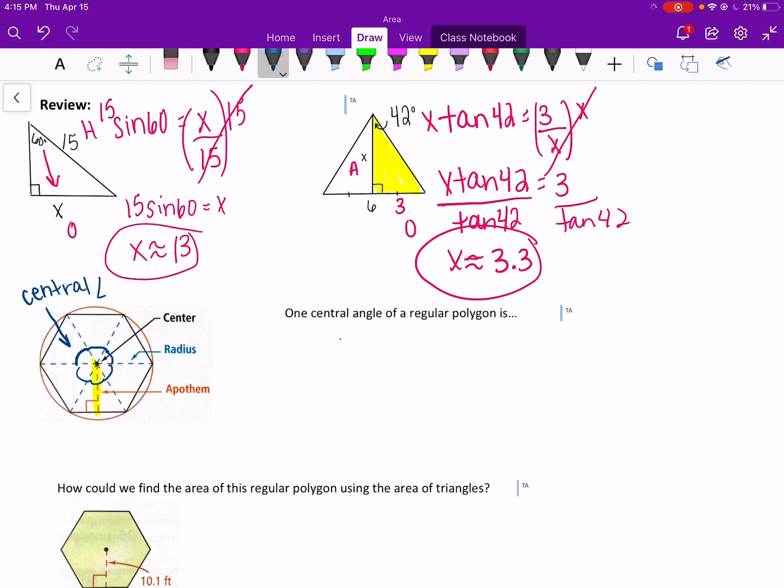And a circle is 360 degrees. So that's the sum of the central angles. To find one central angle, you would take 360 divided by the number of sides. So in this case, the central angle would be 360 divided by 6, which is 60 degrees. So each of the central angles, which are in between the radii, are 60 degrees.